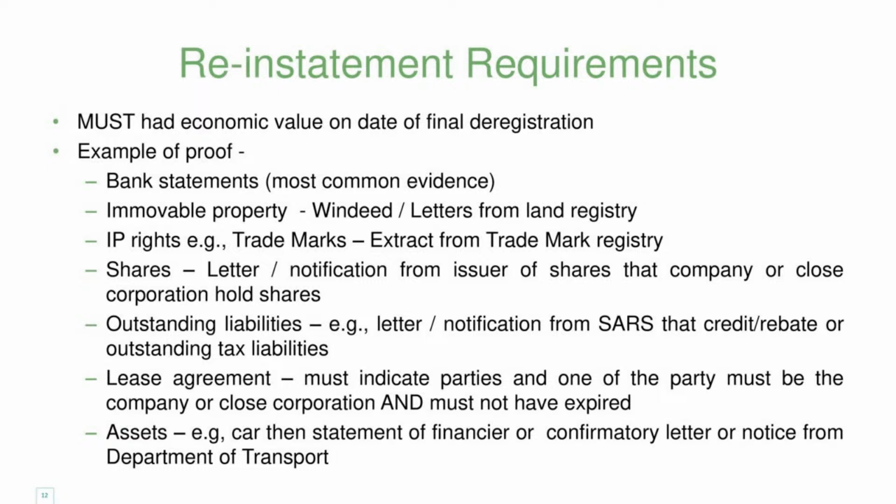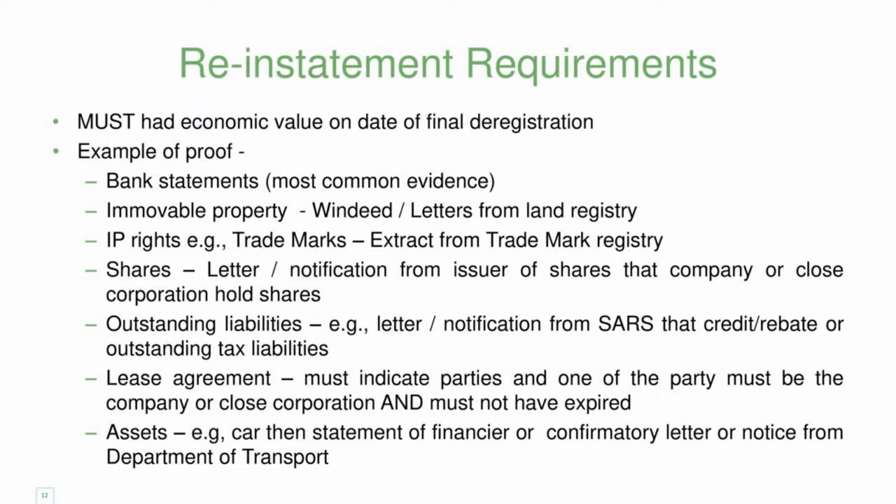Immovable properties. If they have immovable properties on the name of the company, we will need proof of that. IP rights, shares, you will need the share letter, the notification of issuer of the shares that the company or the CC holds. Outstanding liabilities. This is a letter or notification from SARS that credit or rebate or outstanding tax liabilities is due.